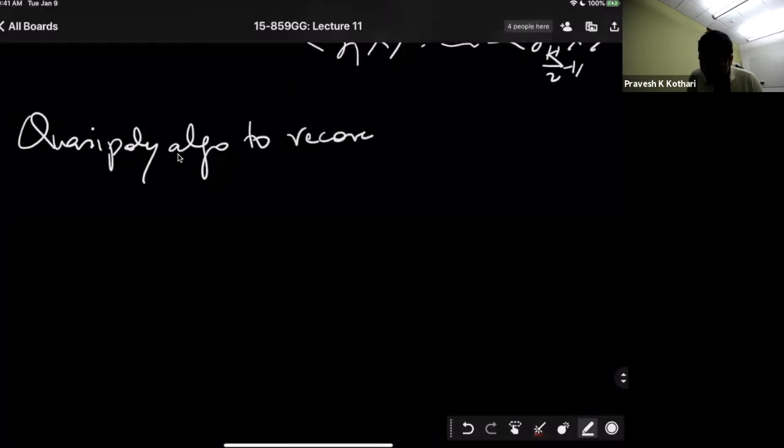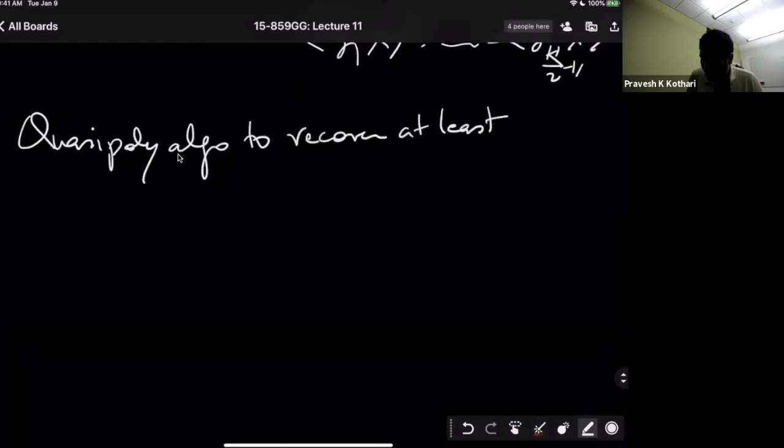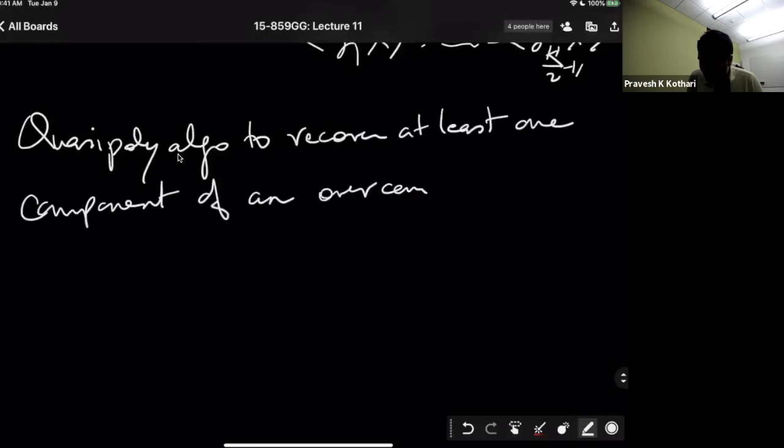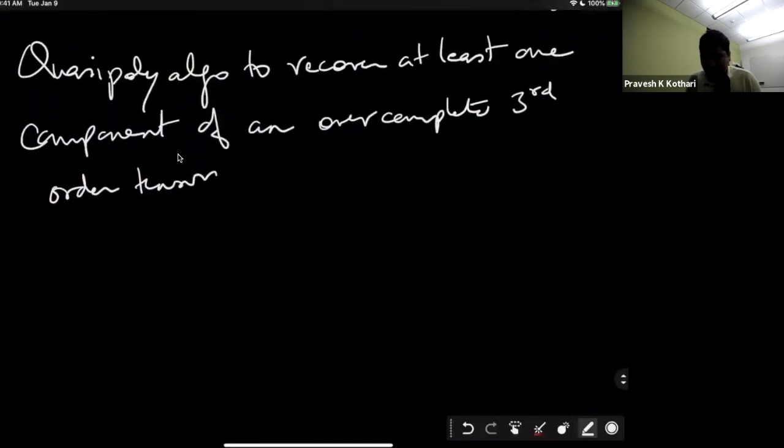So what have we done? A quasi-polynomial algorithm to recover at least one component of an overcomplete third order tensor.